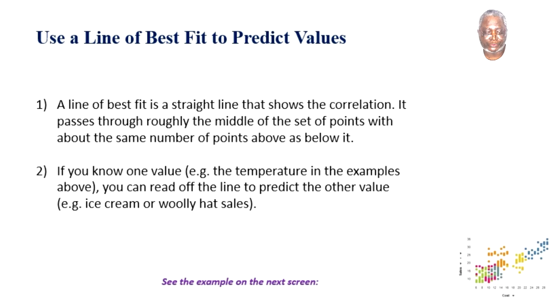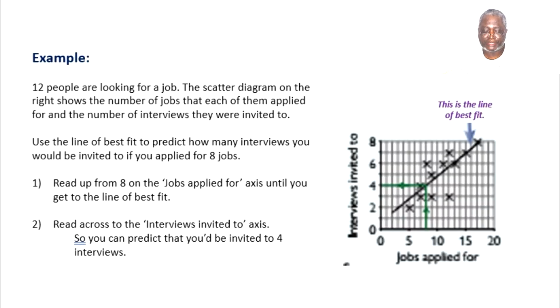If you know one value, for example the temperature in the example I gave above, you can read off the line to predict the other values, for example ice cream or woolly hats. So that can tell you whether it's positive or negative or how closely they are related. Let's look at the example.